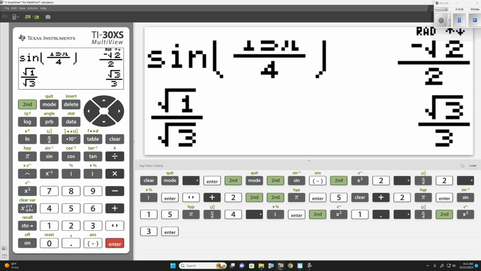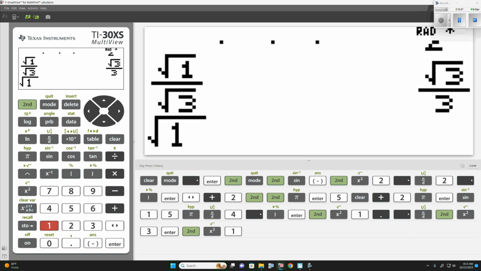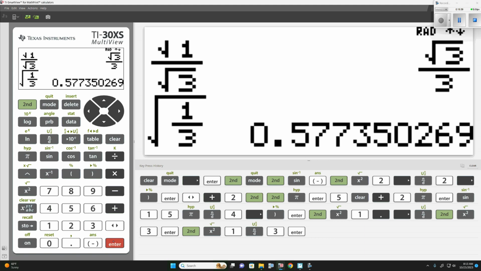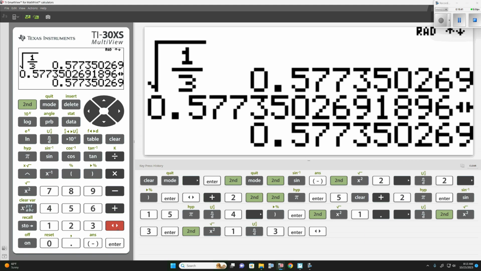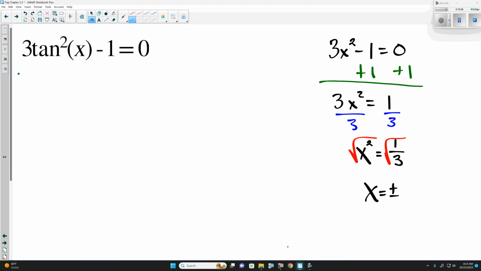And we could type this in a calculator, but do make sure to type it in individually, because the yellow calculator does not like trying to do the square root of 1/3. It won't get it back. But if you do take the square root of the numerator divided by the square root of the denominator, it will simplify it, which simplifies to this here. Questions on what we did with that there?